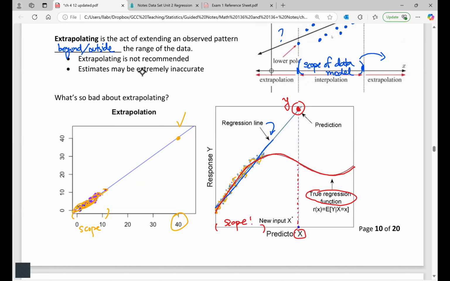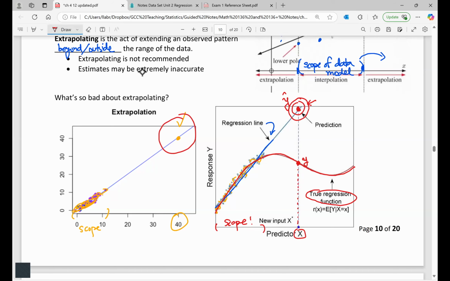This is the predicted Y value, when in reality, because we know that the true pattern is this red curve, the true value should be down here. And so there's no way for us to know whether we're going to get a good value like this or a very poor approximation like in this one, where we're predicting a value that's up there when in reality it should be down here.